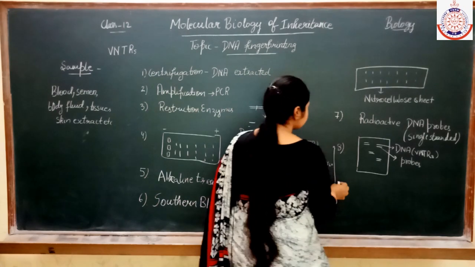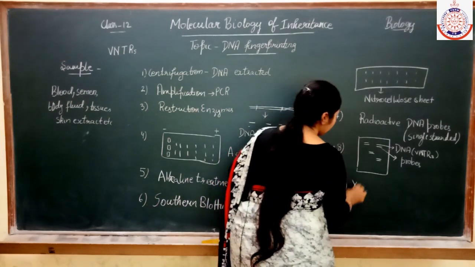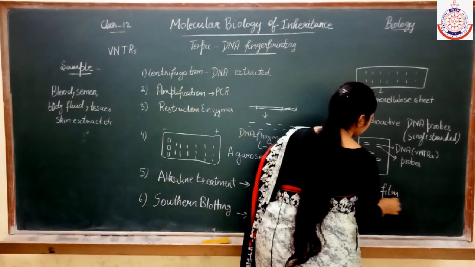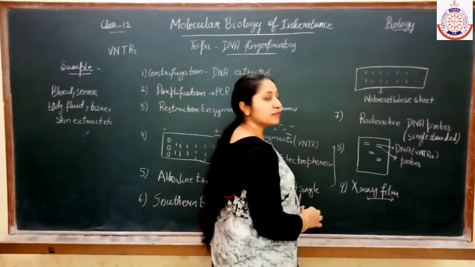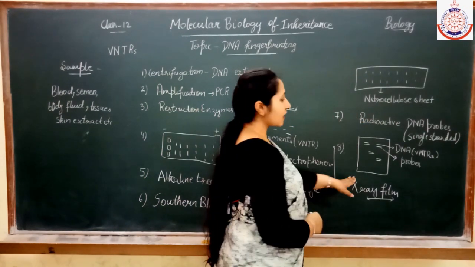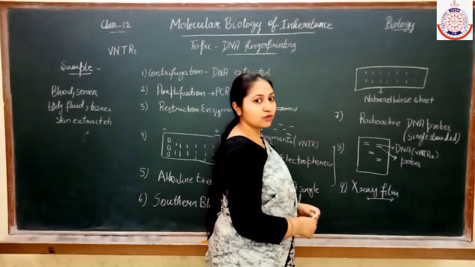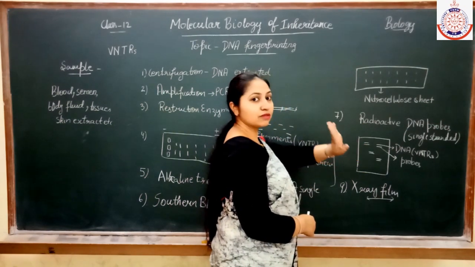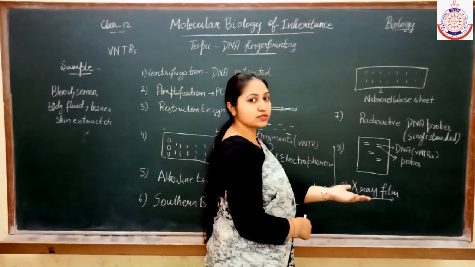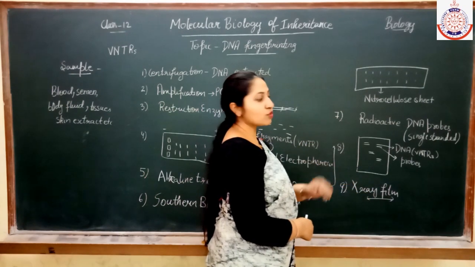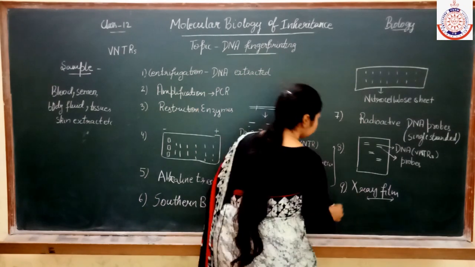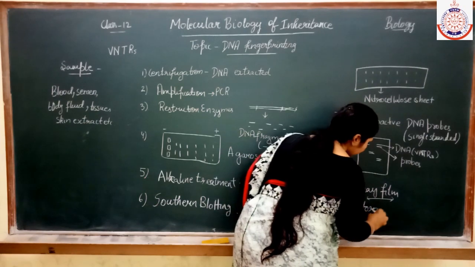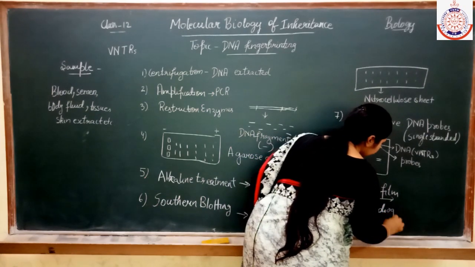So now next is X-ray film. The X-ray film is exposed. When the X-ray film is exposed, what will happen? These bands will appear, and it is known as autoradiography.